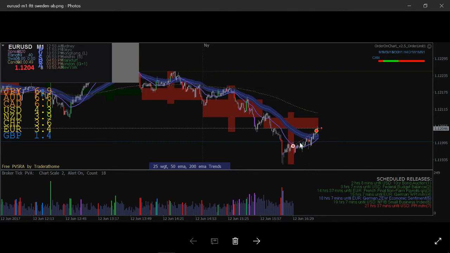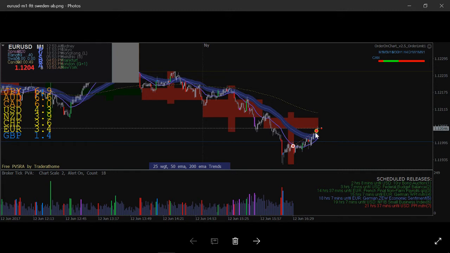My next target would be PA going back to the Dragon and retracing from the Dragon and going down, but it didn't. Once that did not happen and it started to go against me, it broke the Dragon here. This was the time to stop loss.